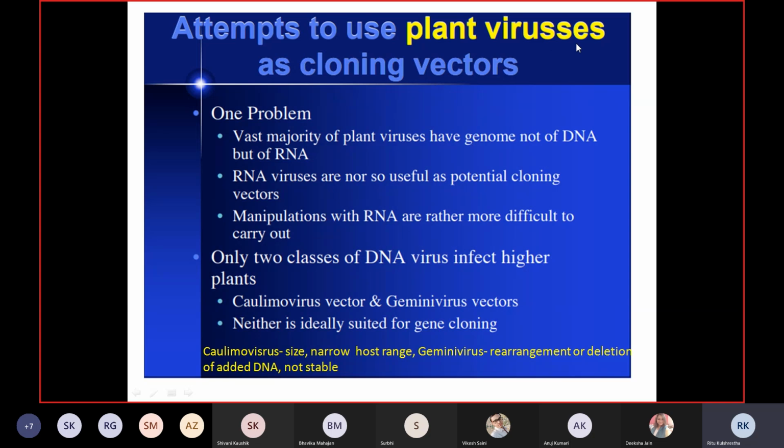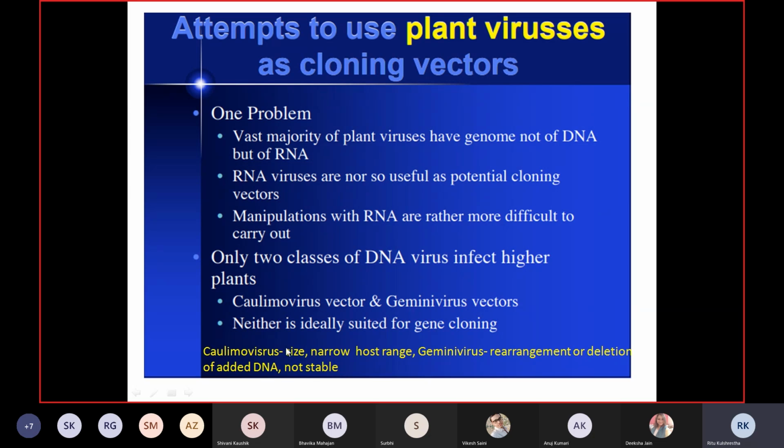Generally the plant viruses are RNA viruses. So all these notes are here. Because they are RNA viruses, obviously they are not good for manipulation purposes, because you will prefer a DNA vector in which you can clone your gene of interest. And do we have many of the DNA viruses? No, not many, but yes, some plant DNA viruses are there, and the two examples are given here.